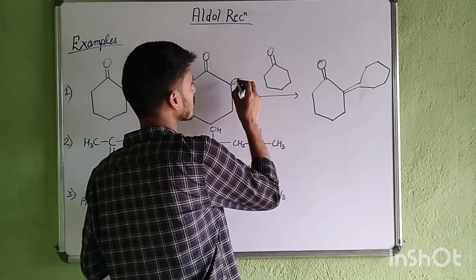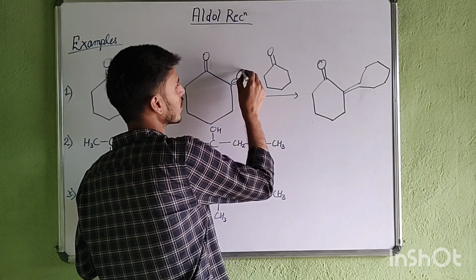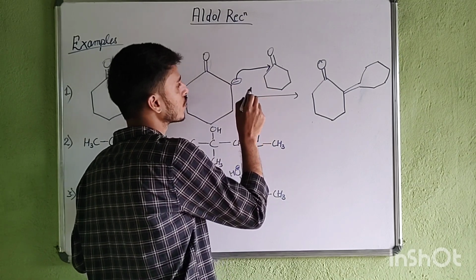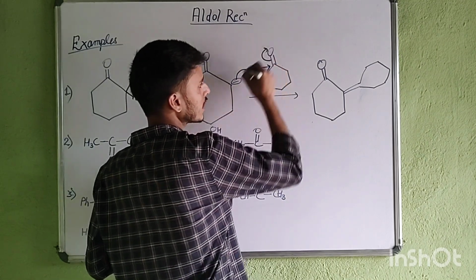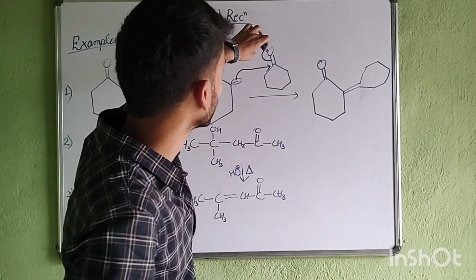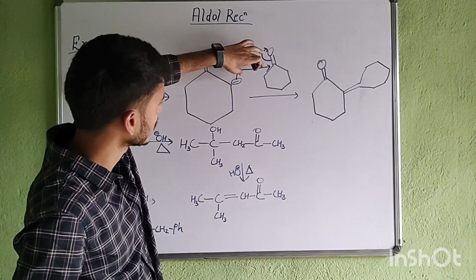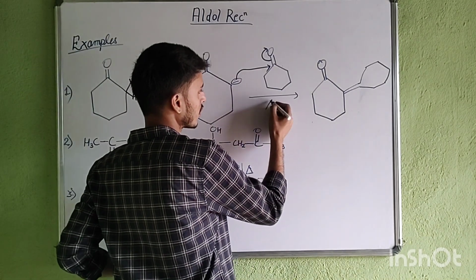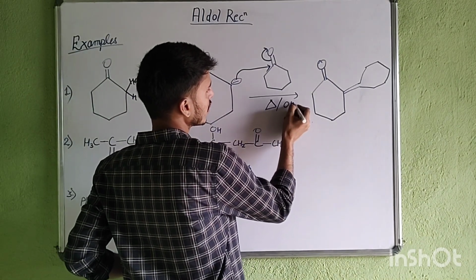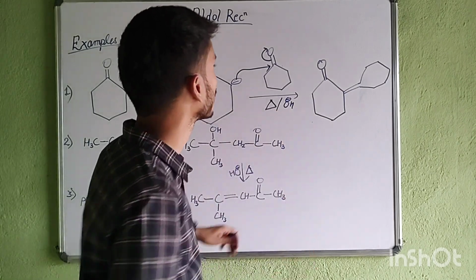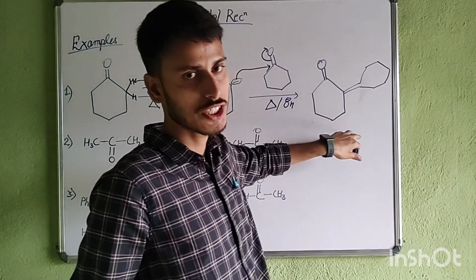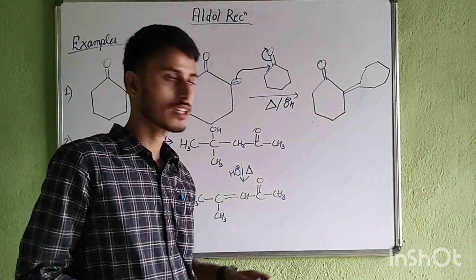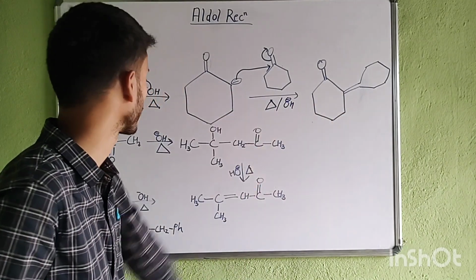And when this product attacks this carbonyl, this will be the nucleophilic attack, then this will move here, we will have OH and there will be a new CC bond between these two carbons. Heating the product in the presence of base, we will get the aldol condensation product. First we will get the aldol addition product, then after that we will get the aldol condensation product.